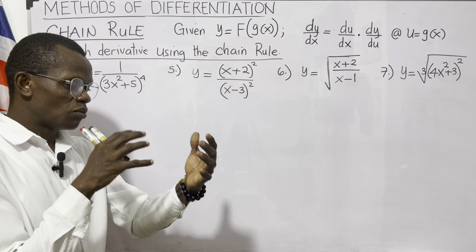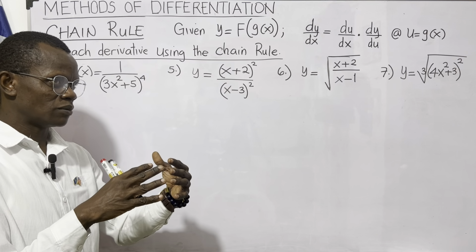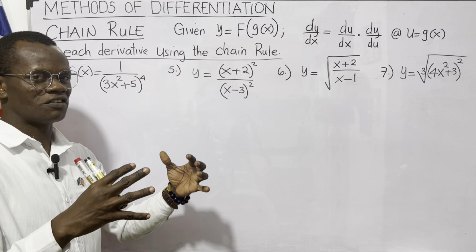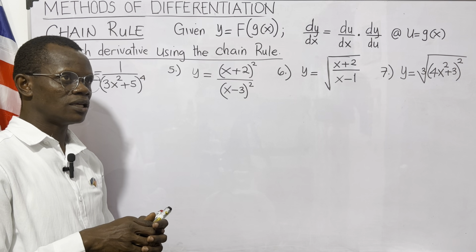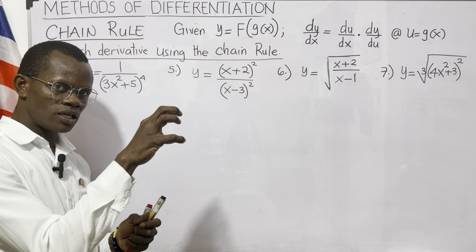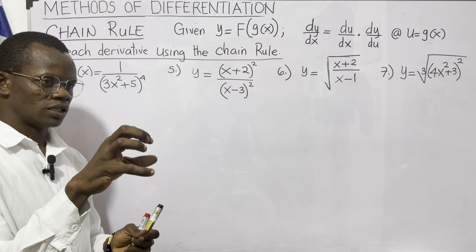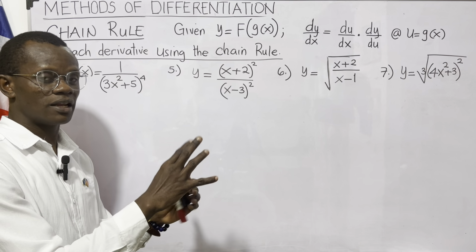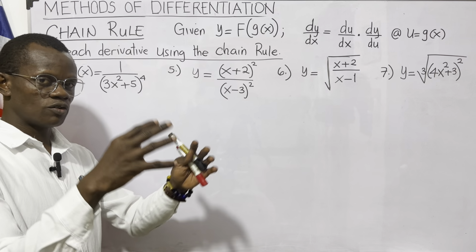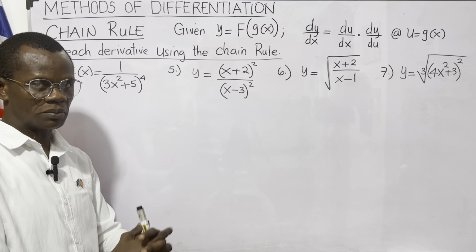Because the most difficult portion of the problem is what you try to simplify in a form that allows a certain portion to be a single variable and the rest of the other portions to be another variable, such that when you find the derivative of both of them, you can multiply them.